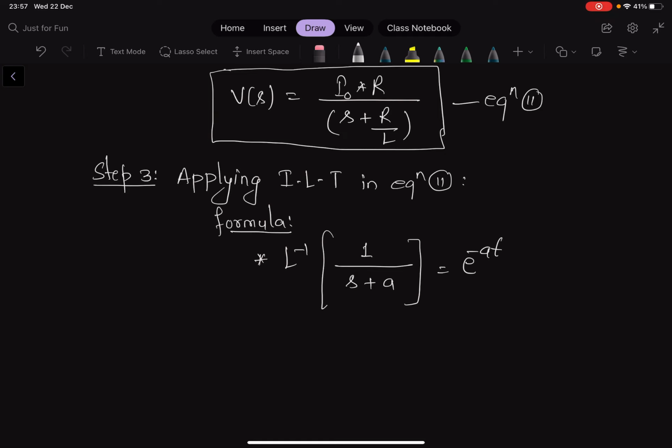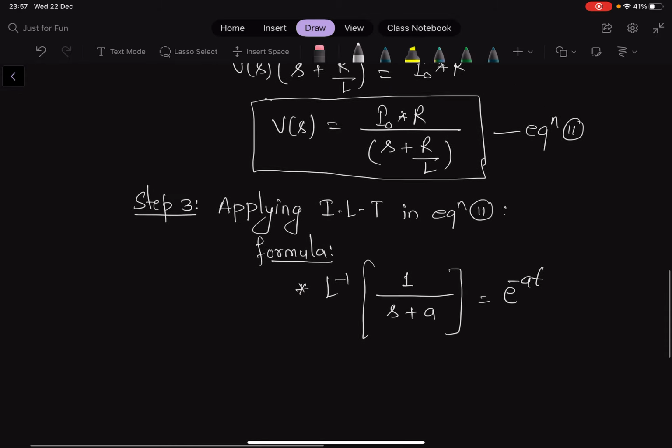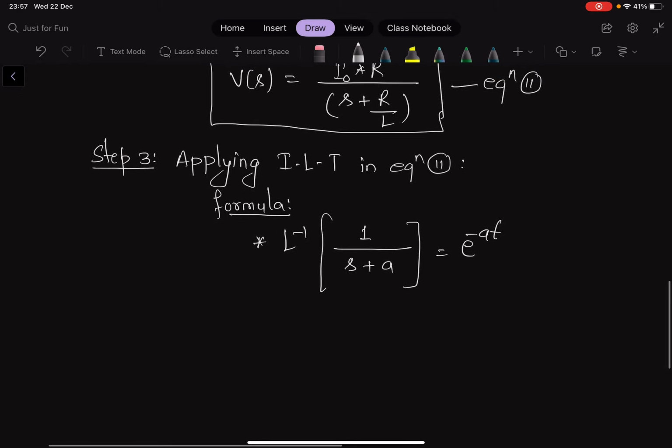If you look at equation 2 now, it has a similar structure to 1 over s plus a. I naught times R is a constant, so we can move that to the other side, and we get 1 over s plus R over L, which is structured like this, and we can apply the inverse Laplace.